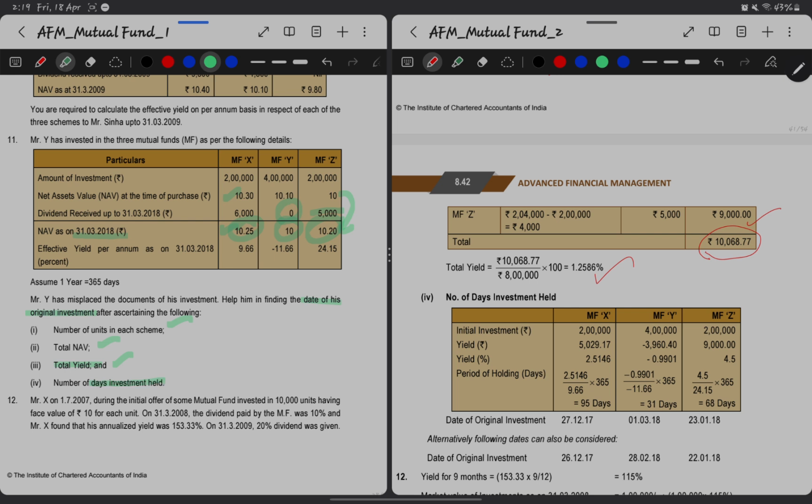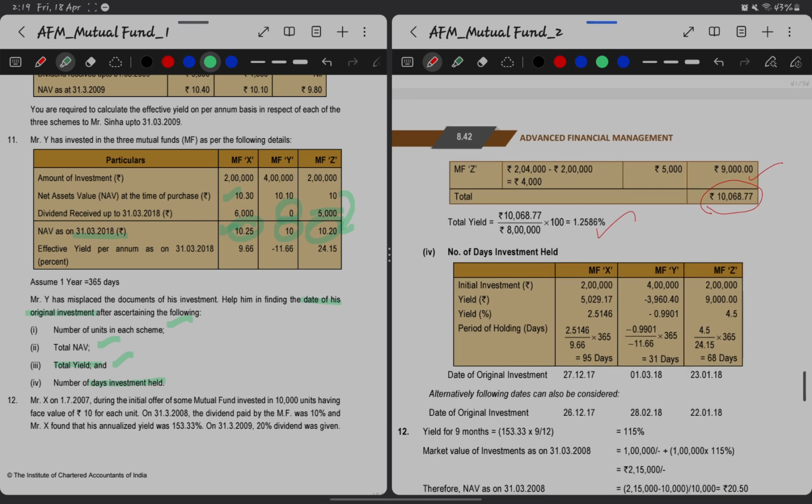Now the last requirement is the number of days the investment was held. Here they have not given when Mr. Y purchased these mutual funds, but we know the effective yield per annum, and we have to be very careful because it is per annum, not the yield of the period. So we have to do reverse working to calculate this number. We know the initial investment is 2 lakh and the yield is 5,029. This is for the period of investment, and the yield will be 2.5146%.